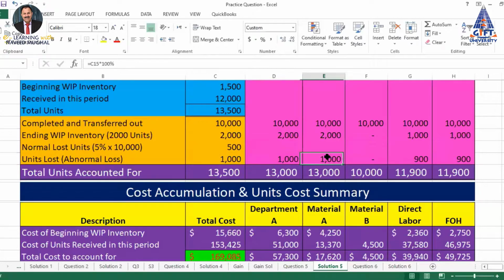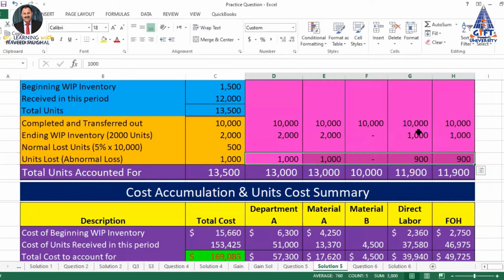Then we will add them in our equivalent units, because we are not charging the cost to the good units that are completed as well as in process units. So when we have to separate the loss from the cost of good units, we will add them to the equivalent units calculation.